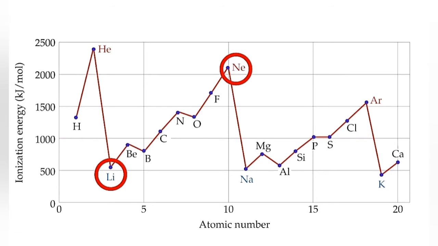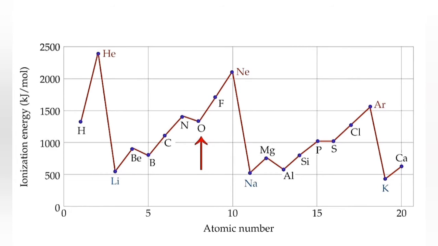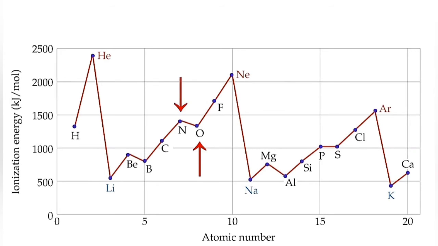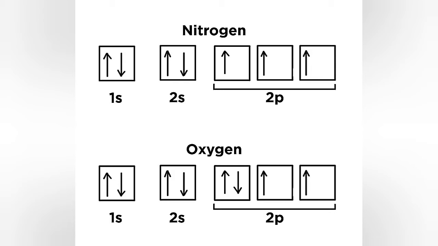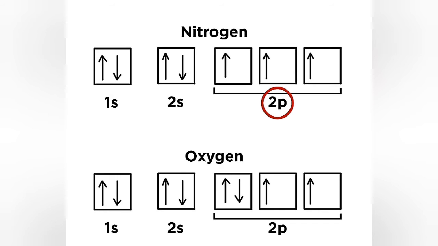But oxygen, which dips downward from nitrogen's ionization energy, does so because of orbital symmetry. Here are nitrogen's orbital diagram as well as oxygen's. Notice that nitrogen's 2p orbitals are precisely half full.